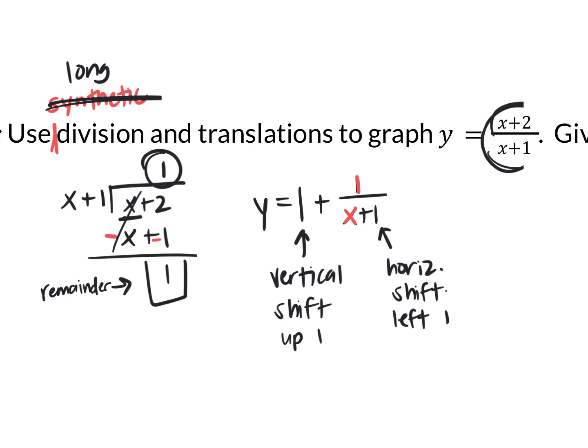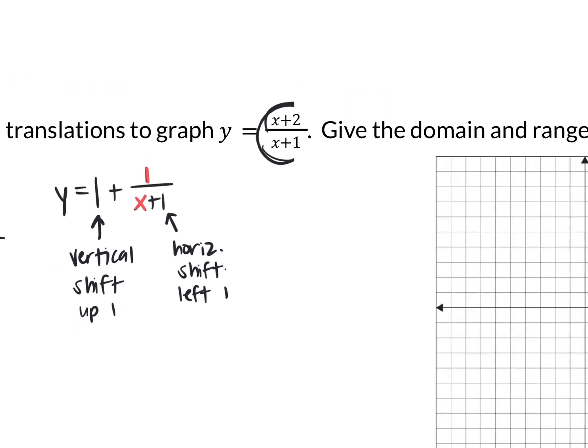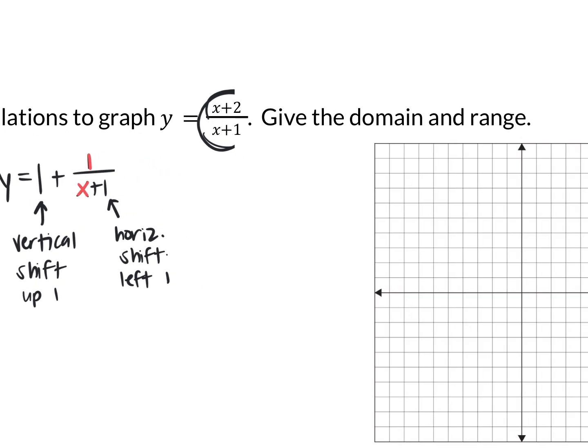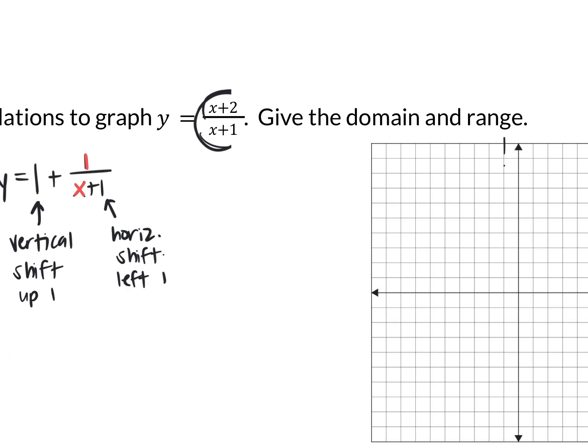Okay, so let's go ahead and start with our asymptotes here. Normally our asymptotes for this are at x equals 0 and y equals 0. But we're shifting that up 1 and left 1. So my vertical asymptote is going to be at x equals negative 1, because it's a horizontal shift.